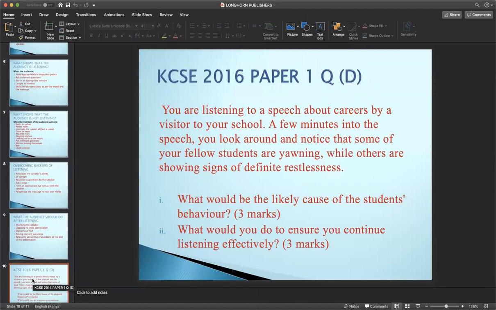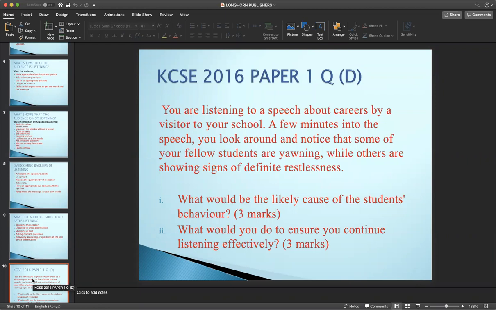When you're answering that question, you look at both sides. Maybe the speaker is not audible enough. And that's why we said at the beginning that you move closer to the speaker, so that you're able to hear every word that he or she speaks for better understanding.